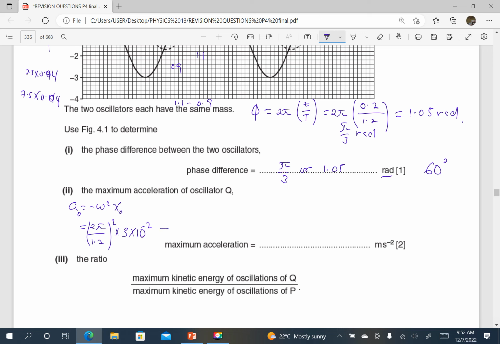So I now check my calculator. From my calculator, this is 0.82.